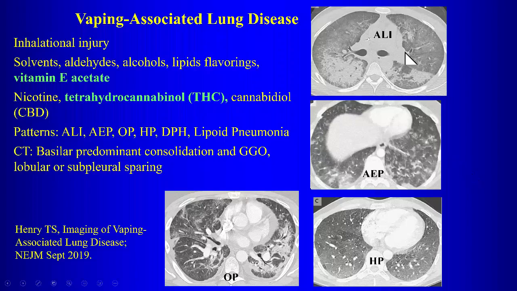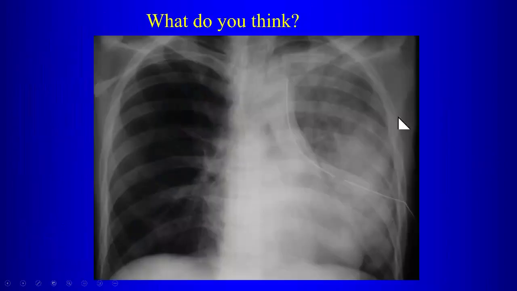The acute lung injury pattern is probably the most common that you might see, but the point is, young person with unexplained consolidations nowadays, respiratory difficulty, we have to raise this possibility. So this is something to consider, vaping-associated lung disease. So what do we have here?